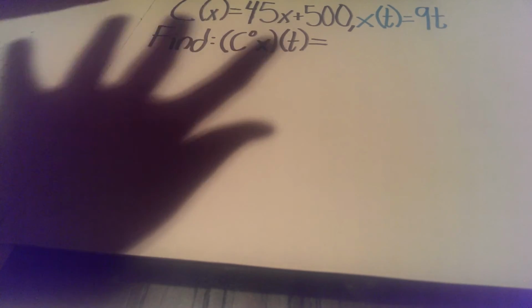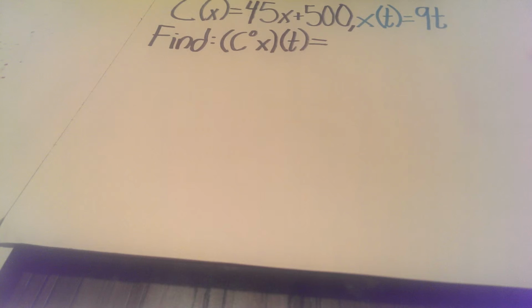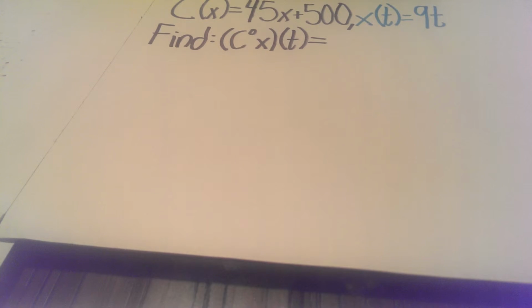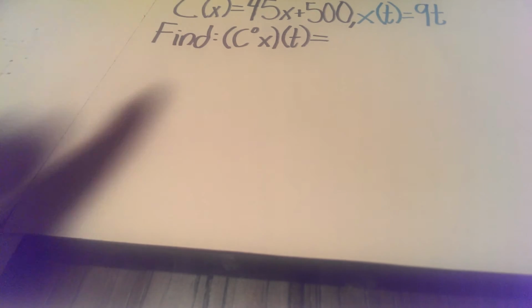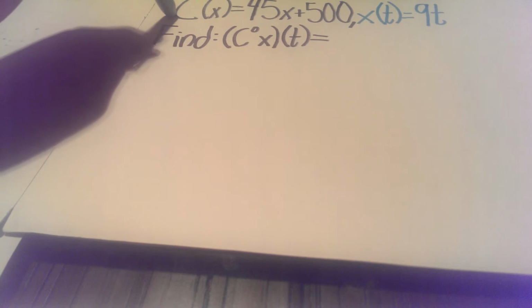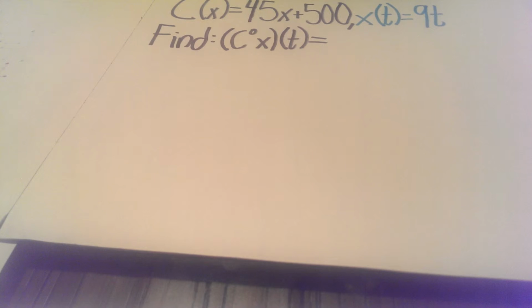And then the next equation, X of T, which is basically talking about the units, means that in T amount of hours, you'll produce 9 units. So in the equation here, C composition of X of T, they want to find how much it would cost for an X amount, for a T amount of time.